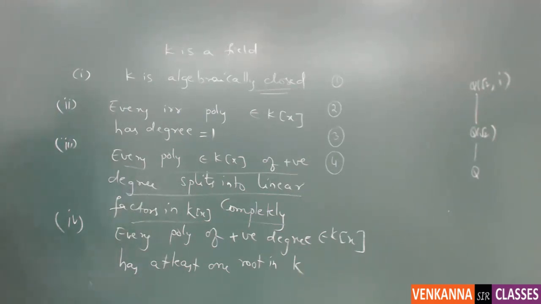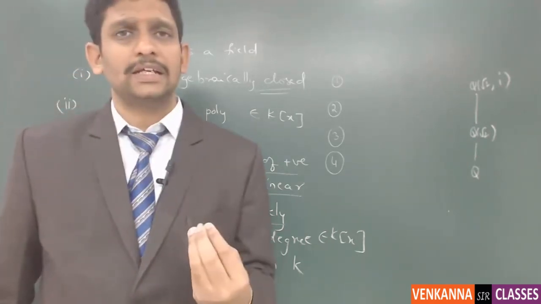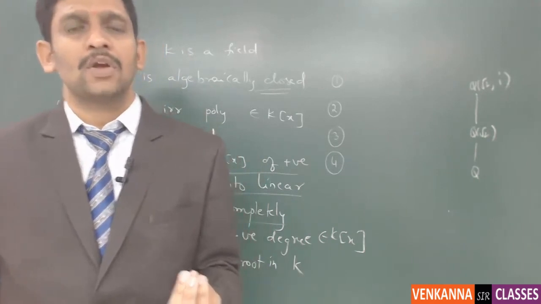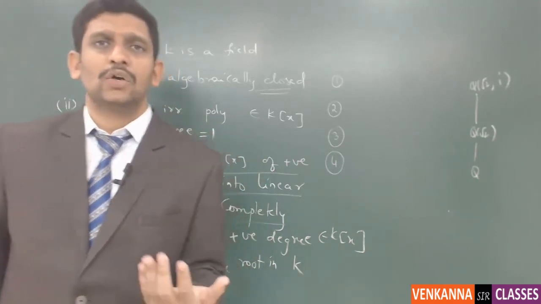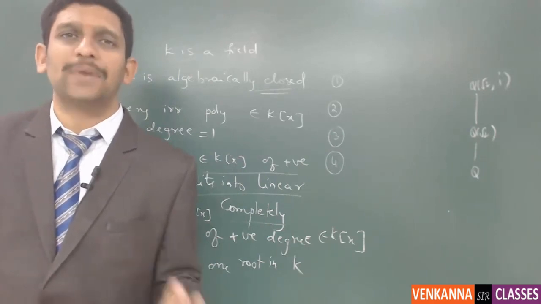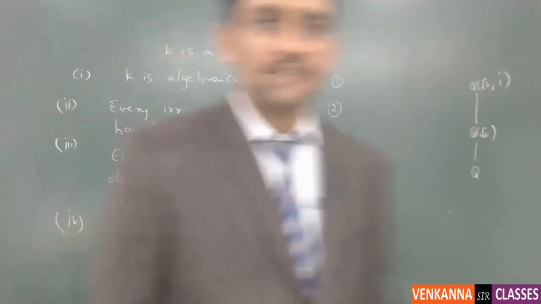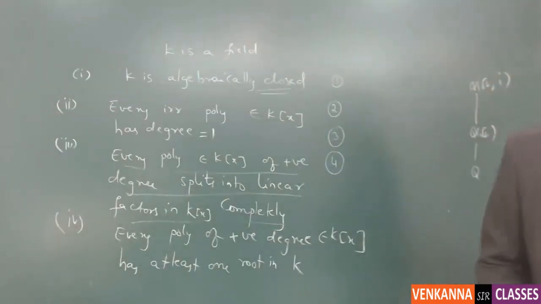The thing I need to mention is, if you take any field, for every field we can find an extension which is algebraically closed, right? That is one good result. So every field will possess the algebraic closure.